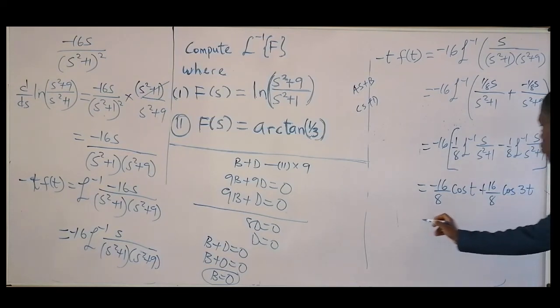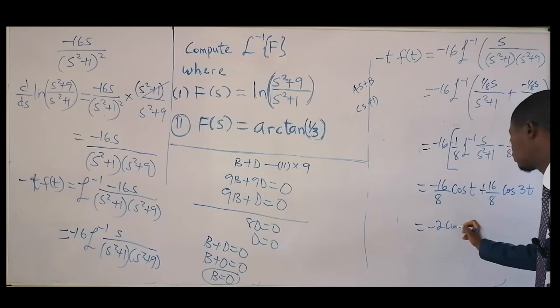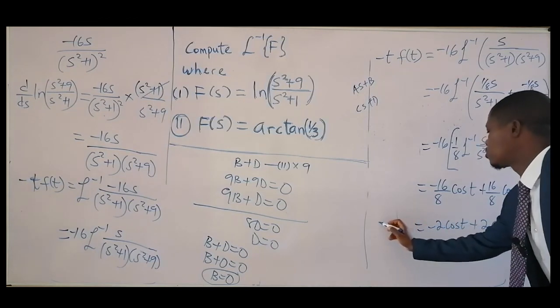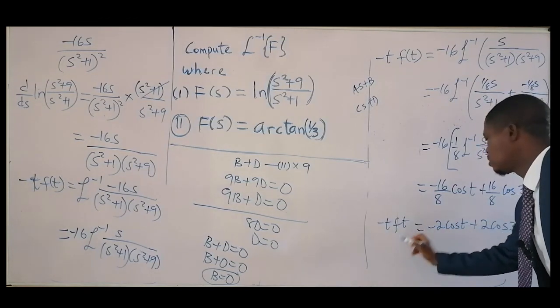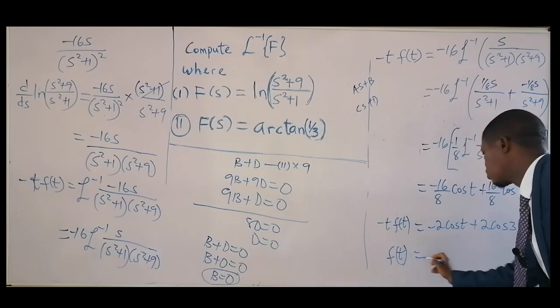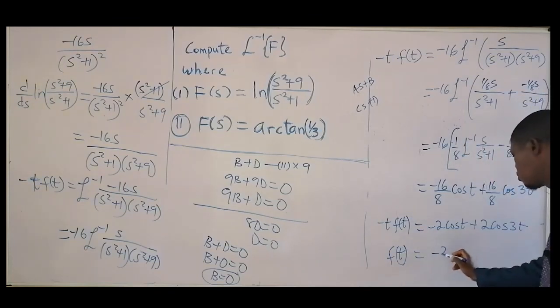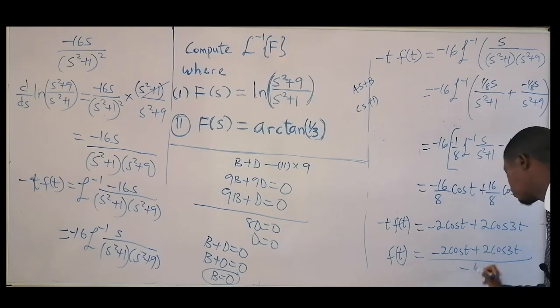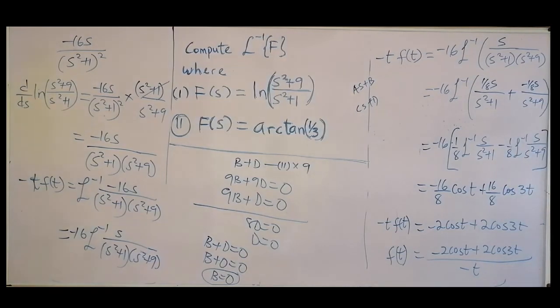So that's equal to minus 2 cos t plus 2 cos 3t, equal to minus t f(t). So f(t) is equal to (minus 2 cos t plus 2 cos 3t) all over minus t. So that's the answer to that question.